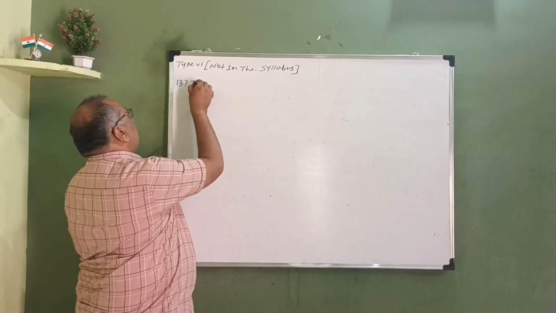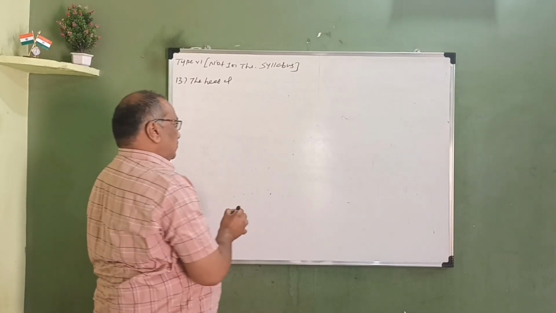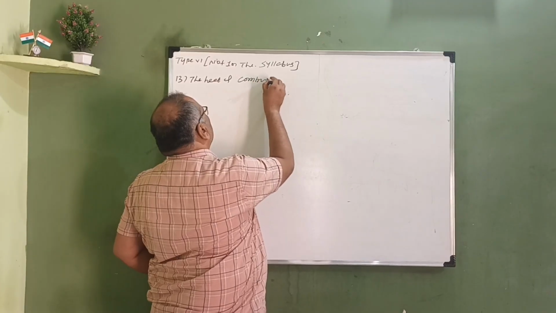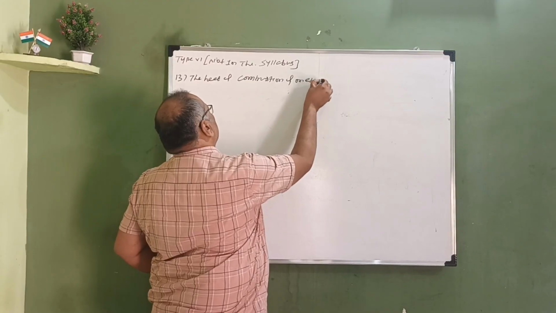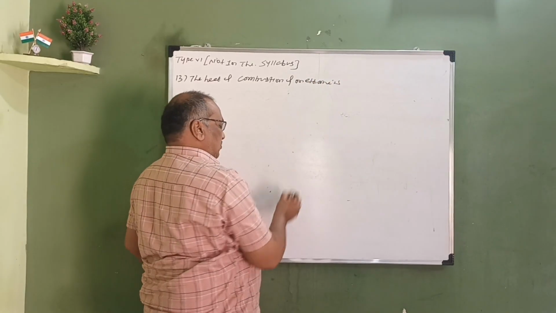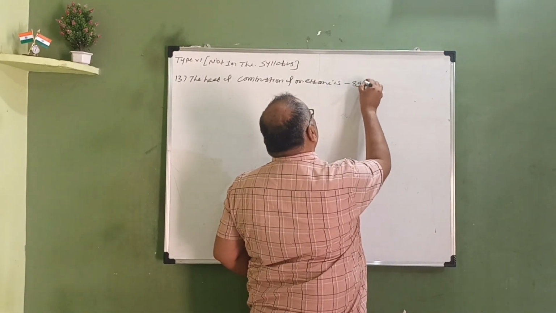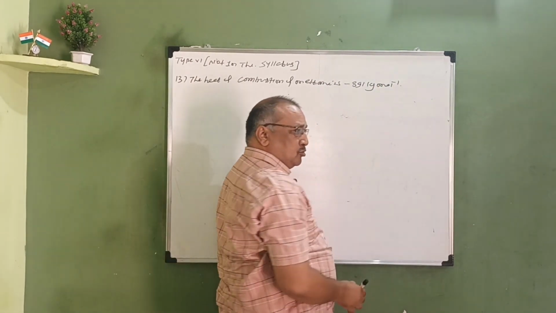Now here write down numerical. The heat of combustion of methane is minus 891 kilojoule per mole.